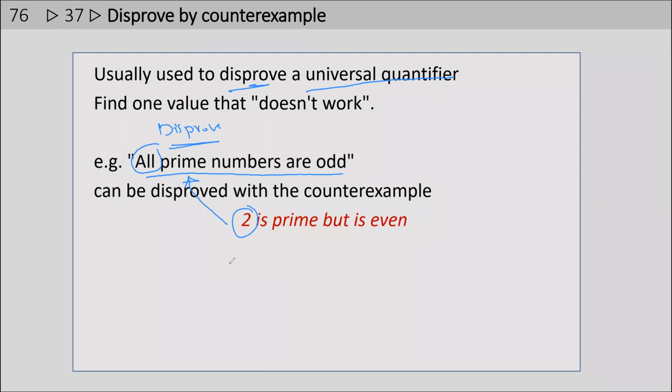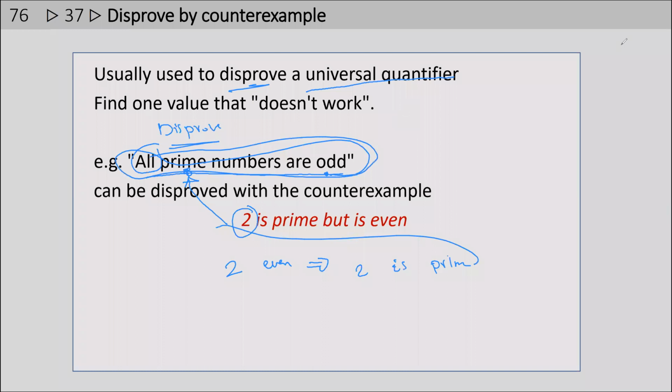So I'm gonna say 2 is an odd number, however at the same time 2 is even, sorry, 2 is not odd. What's going on? 2 is an even number, and at the same time it is prime. So now there exists a prime number which is not odd, which disproves الكلام ده.